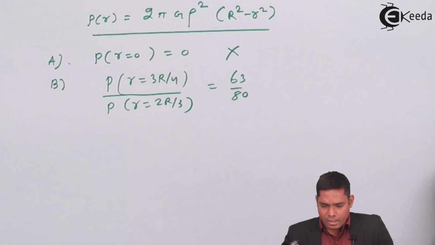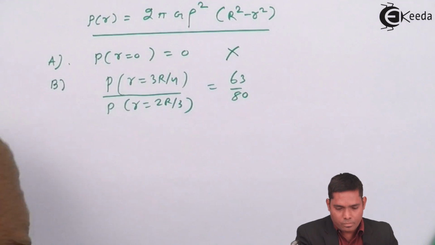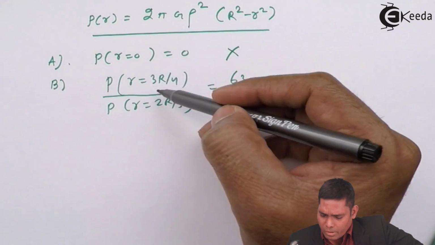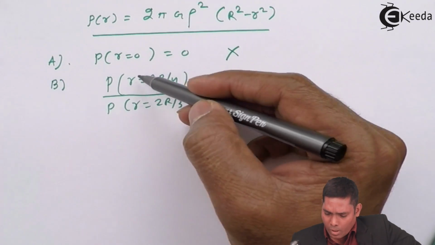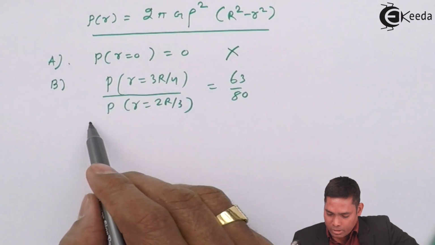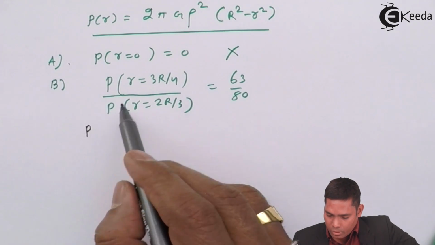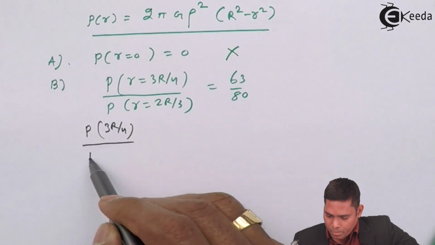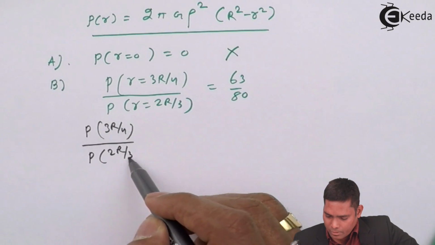Now we have our formula. You have to just substitute this value. So P of 3R by 4 divided by P of 2R by 3.